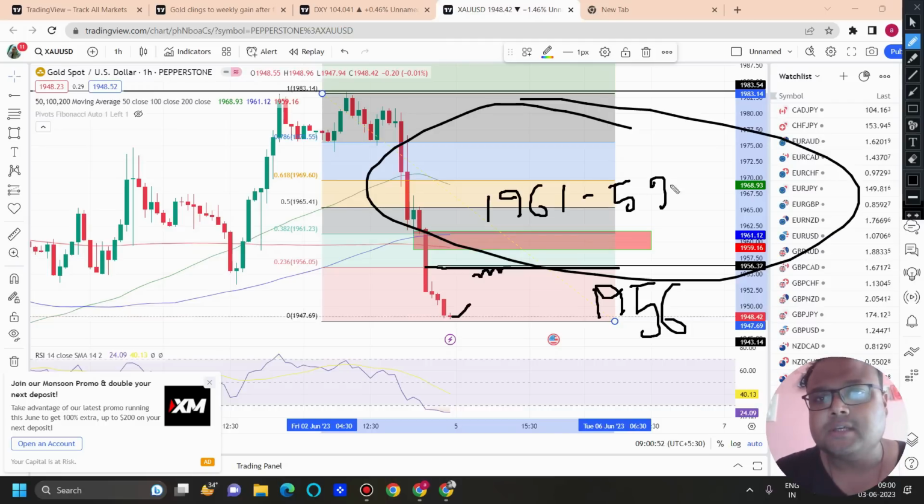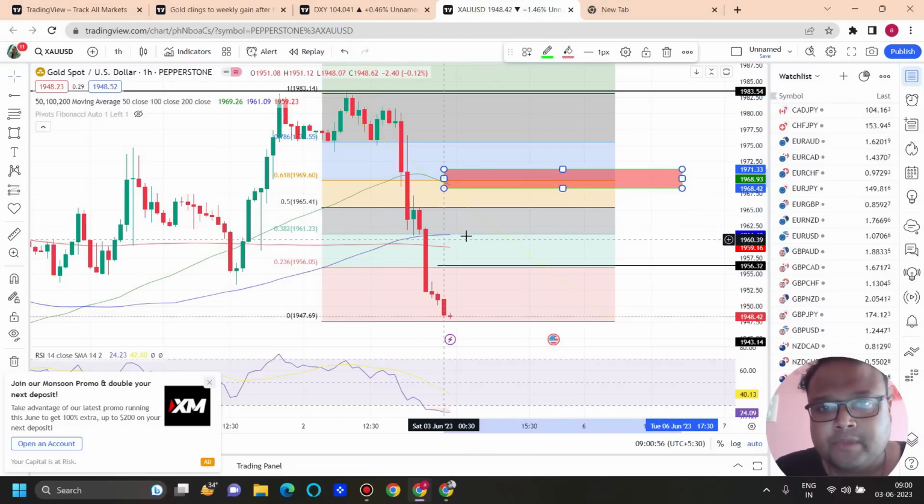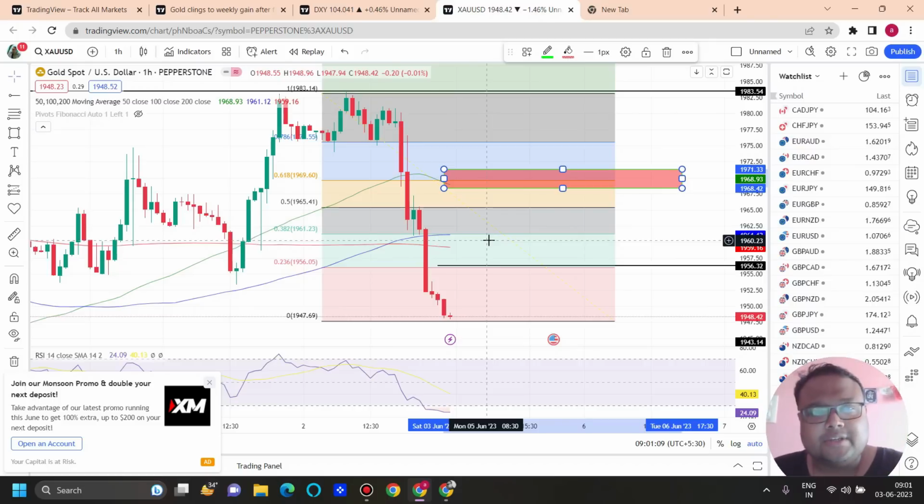If the market reverses, you can definitely take a sell position. Why? Because around this area we have the FIBO 38.2% retracement level and multiple moving averages. So this is the whole sellers zone, 59, 60, 61.